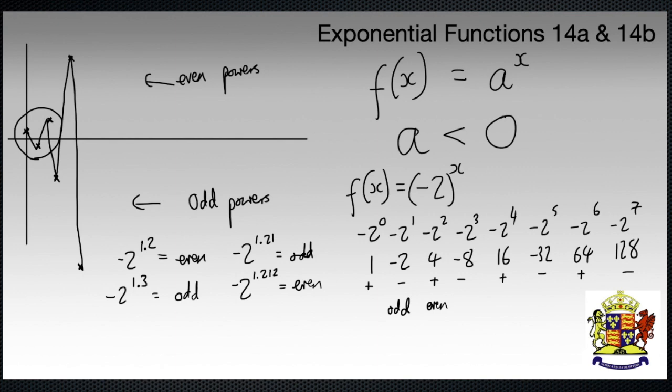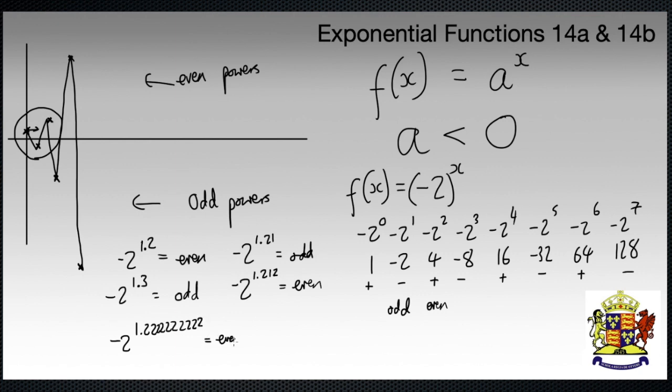So actually, the reason I cannot plot this graph is because it doesn't link up. There are an infinite number, just in here, there's an infinite number of odd and even powers. For example, I could have -2 to the power of 1.22222222222.